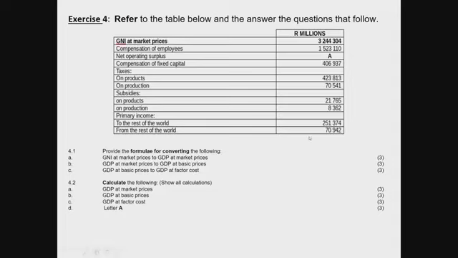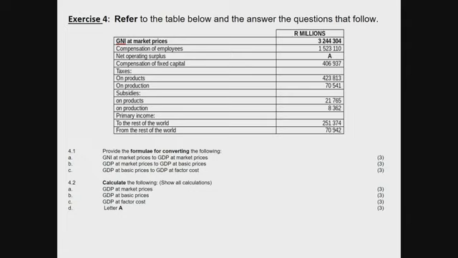Okay, so you will start with GNI at market price, plus your income to the rest of the world minus your income from the rest of the world, because normally you would add income from the rest of the world, right?